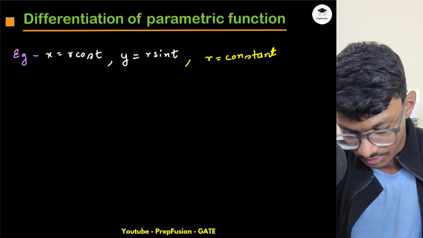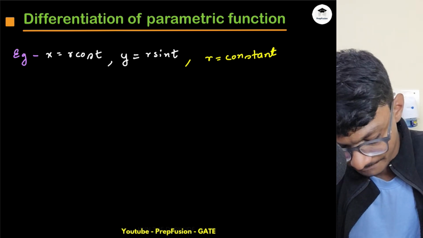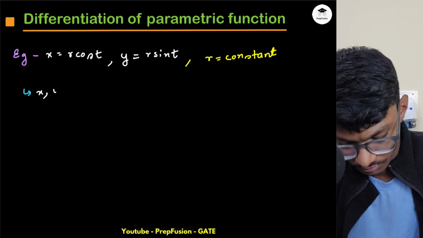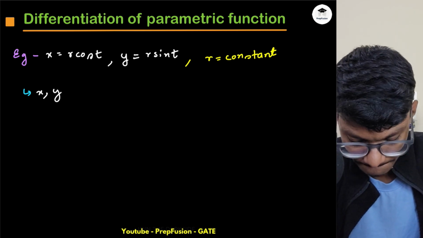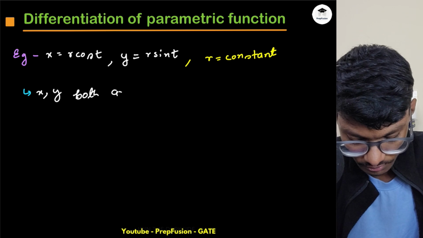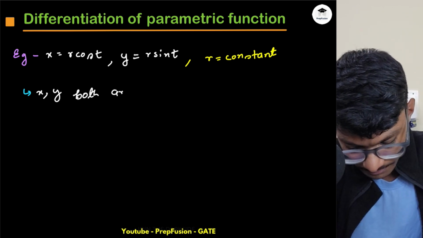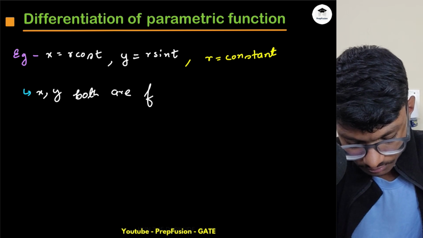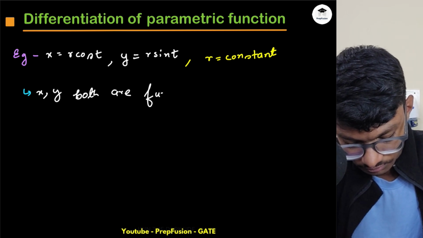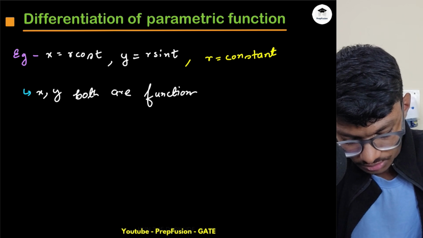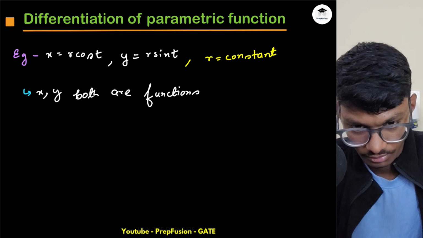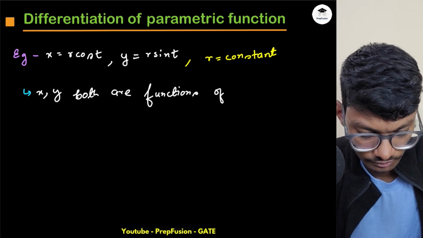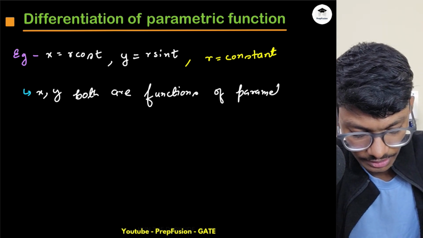So here what is the important point? X comma y both are functions of parameter t.